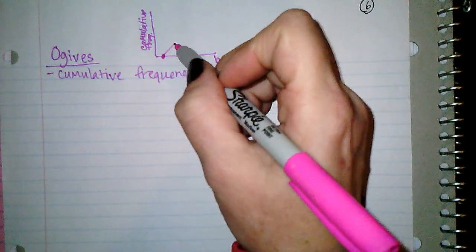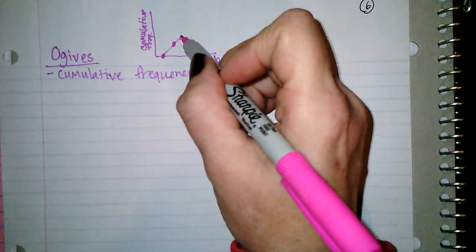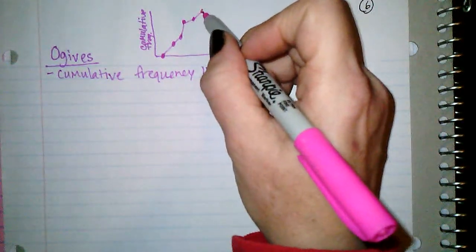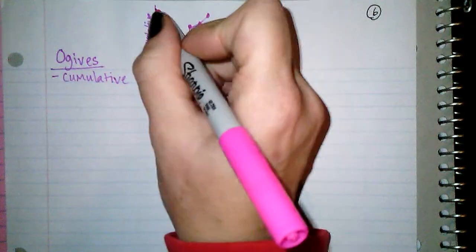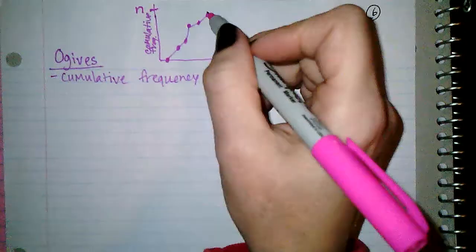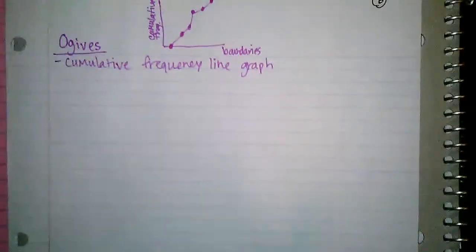And then that frequency is always going to go up no matter what. It may go up a little, it may go up a lot, but it's always going to be increasing because it's cumulative. And then at the very last class boundary, the height is going to be the sample space, or n, because it's going to be counting all of the data values.